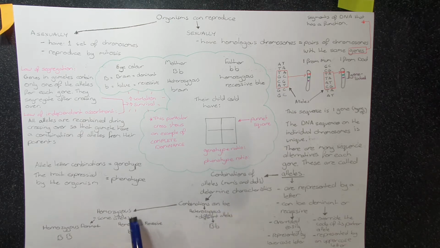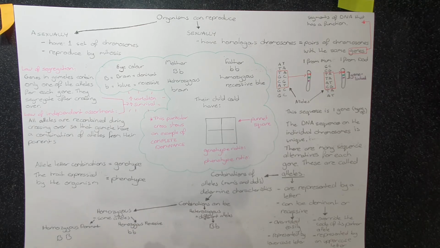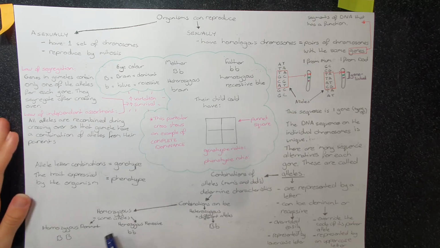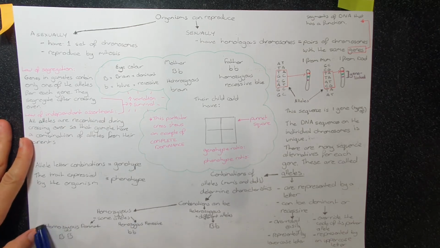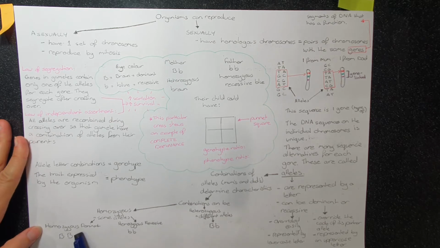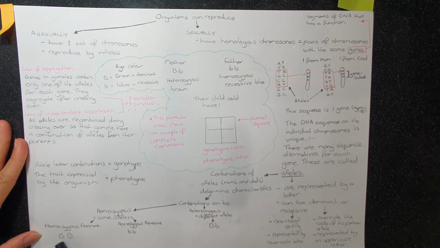They are either homozygous or heterozygous. Homozygous means that both alleles are the same. Homo meaning same, so both alleles are the same. For example, over here we've got our homozygous dominant, which means we have two capital letters, and so two dominant alleles that have been passed down, or homozygous recessive, which means we'll have two lowercase alleles being passed down.